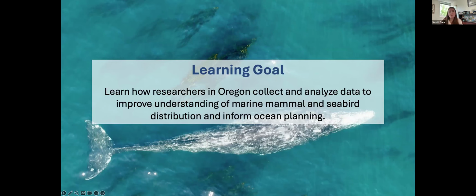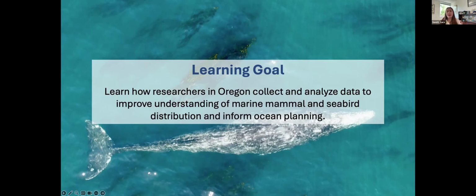Oregon, while we do not now have any active offshore wind areas, the Department of Land Conservation and Development, which is a state agency, has been leading a process to develop an offshore wind energy roadmap in case someday offshore wind comes back to Oregon, so that the state can be prepared and resourced to approach it in the best way possible.